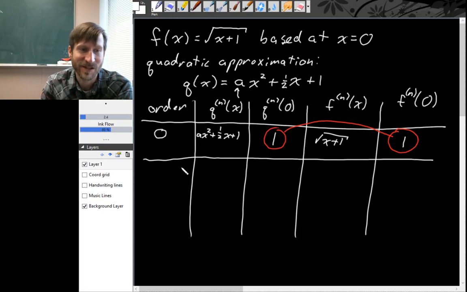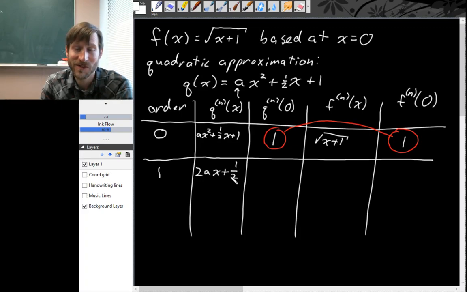Okay, so now let's do order 1. So now we're looking at first derivatives. So the first derivative of the polynomial is 2a times x plus 1/2. And when you evaluate that at x equals 0, you get 1/2.